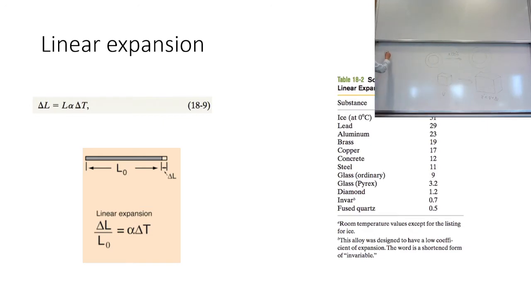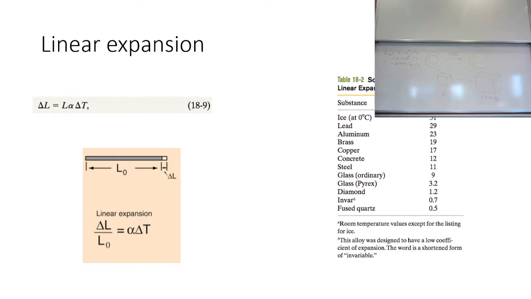So alpha of ice is 51 times 10 to the minus 6, which is 5.1 times 10 to the minus 5. If you want to think of it as a percentage, then it's 0.0051. So this is per degree Celsius.